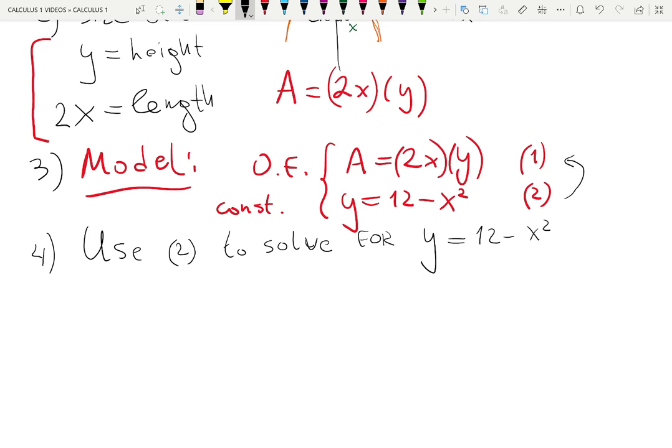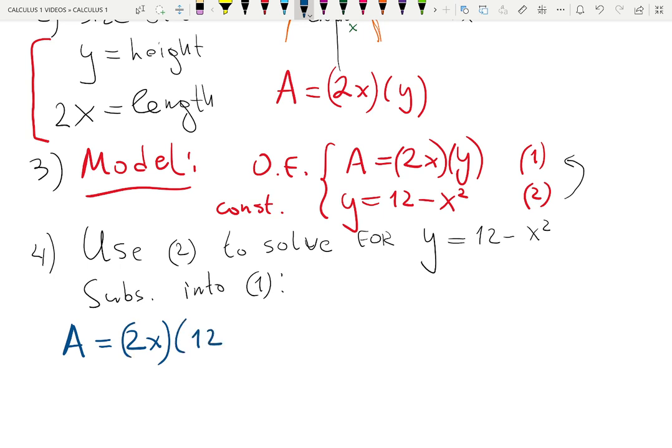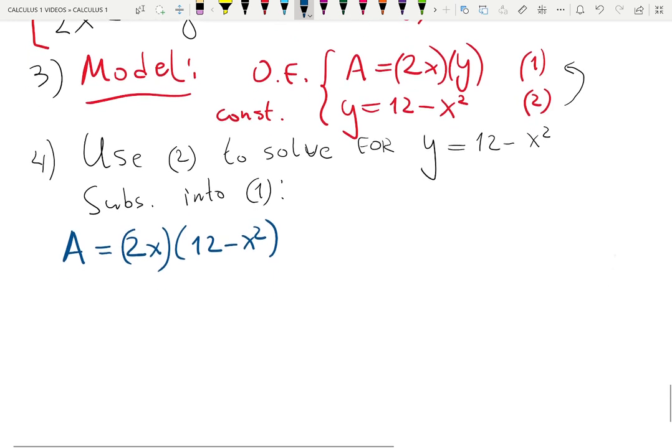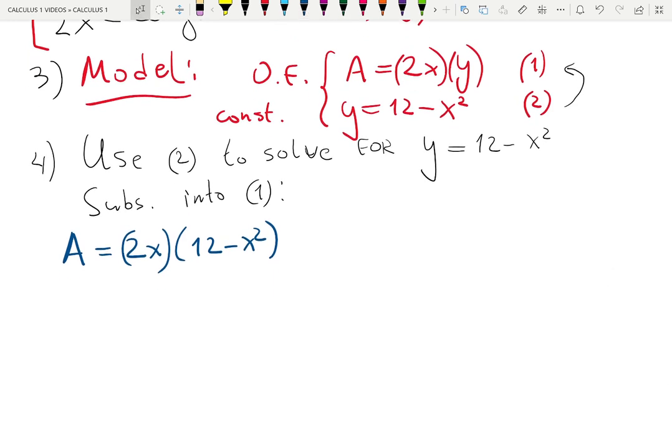Thus, let's substitute into the objective function, which I call equation number 1. So the function becomes A equals 2x times 12 minus x squared. That is because the height y has to be on the parabola, and the parabola has the given equation.